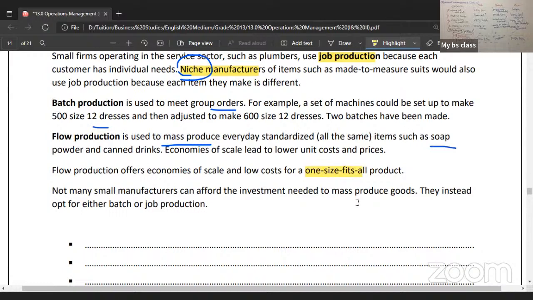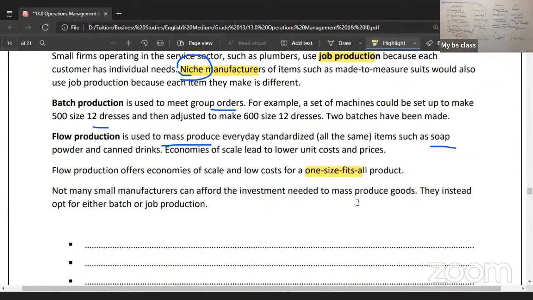One size fits all means a single product is designed to be suitable for everyone. Now, something like a yogurt, one size fits all. If you think about the Highland yogurt, do you get different sizes or different flavors?